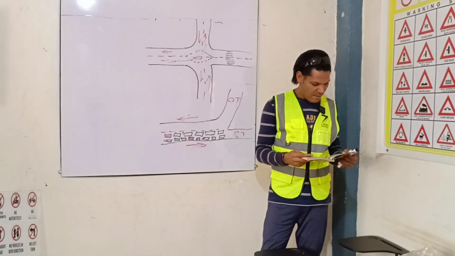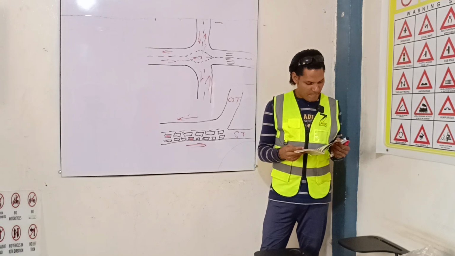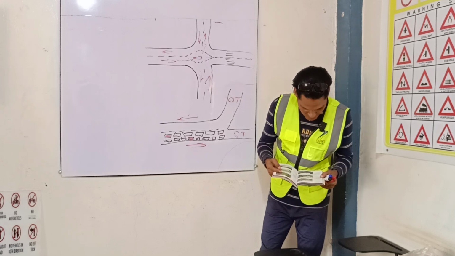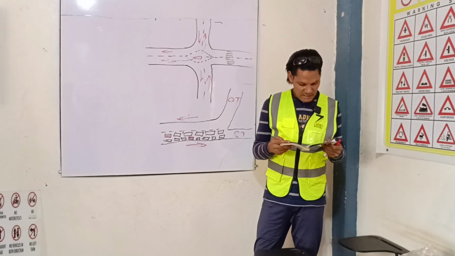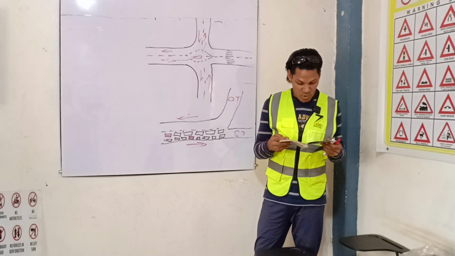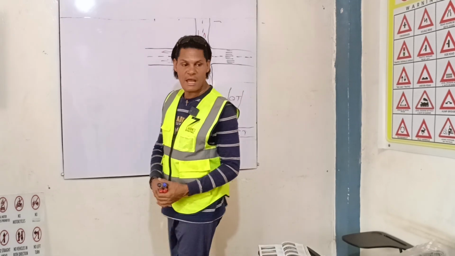Let me read what is written here. Pedestrian crossing. This is shown by white bands across the road. It may be raised. Do not stop or park there. Stop and give way to any pedestrian that is already crossing, right?